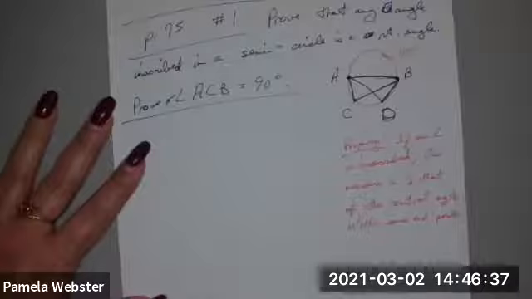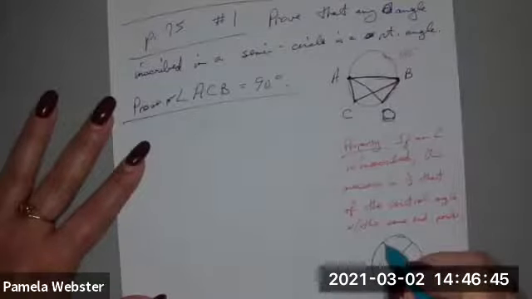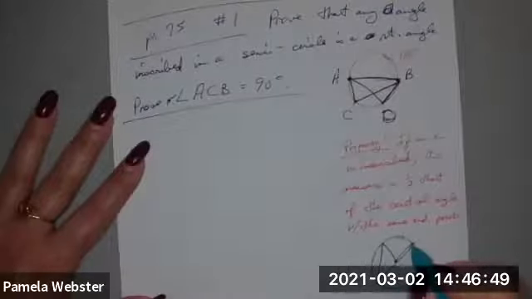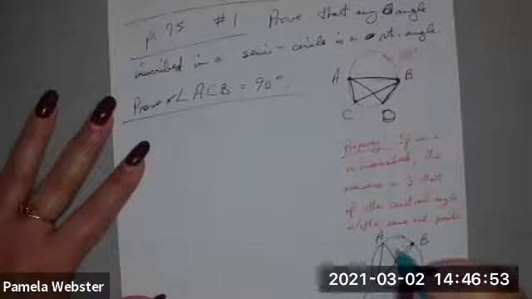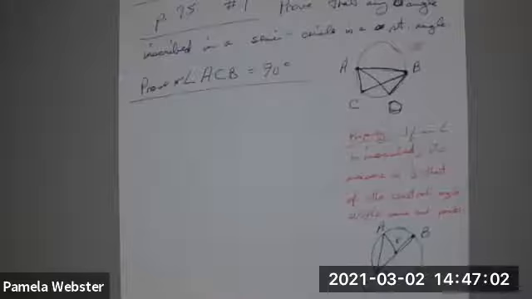It's half the measure. So when we see that one, normally it looks something like this. Here's this guy that's the central angle, and we have some inscribed angle like that. They have the same endpoints, and we would say ACB is half of AEB, right? That's the thing that they're trying to get me to invoke here.